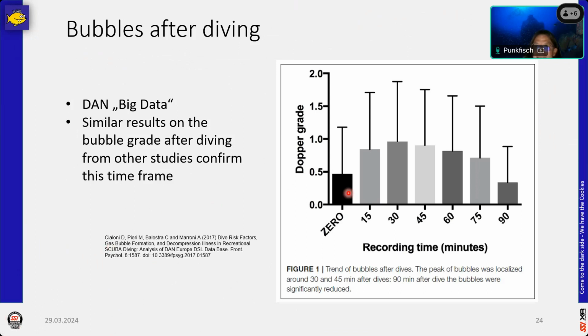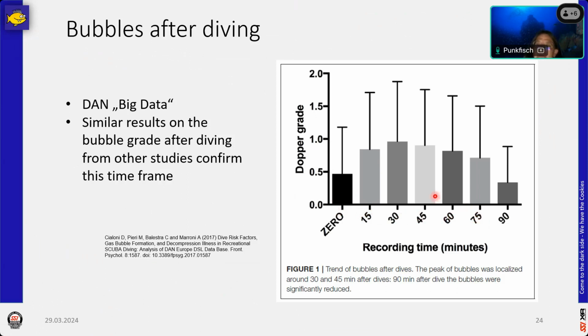None of these had actually DCS, so we just know something about the bubbles, not about actual cases. But this is from more than 900 divers who were tested after just random normal recreational dives. And they were tested directly after the dive, and then 15, 30, 45, 60, 75 minutes after the dive.